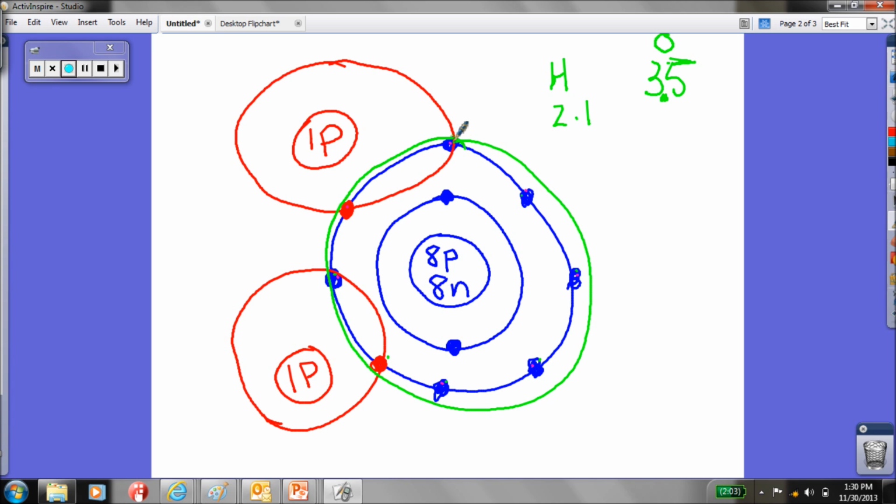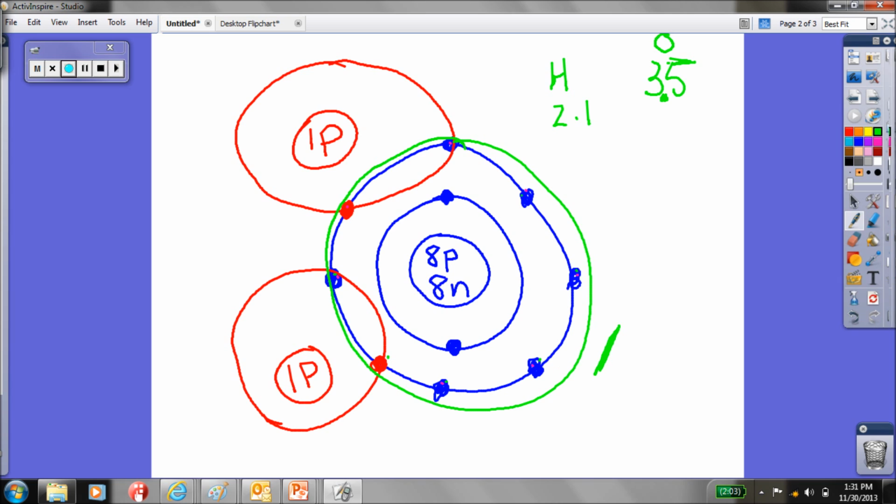So if I look at the balance of positive and negative charges, oxygen has 8 positive charges, but it actually has more negative charges when I count up all of the electrons, the valence electrons and those inner electrons. And so oxygen ends up having a slight negative charge around it because those electrons spend more time on this half of the molecule.